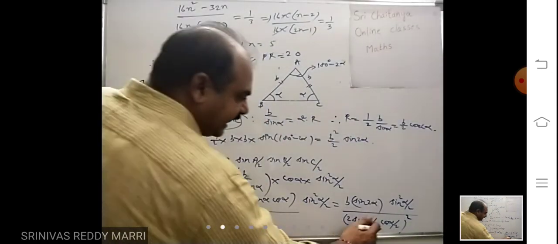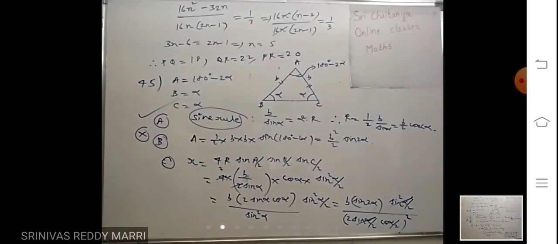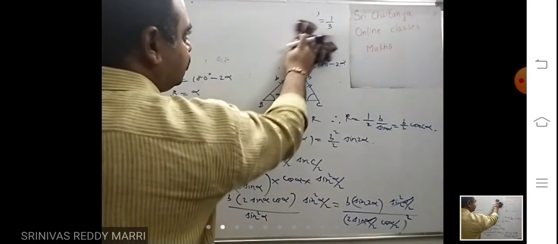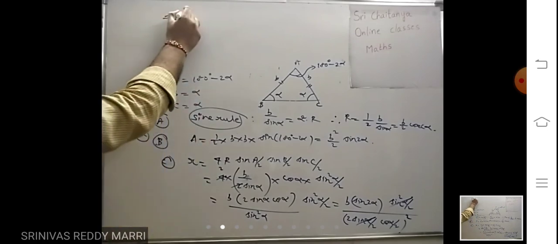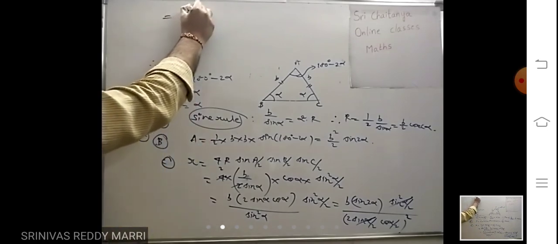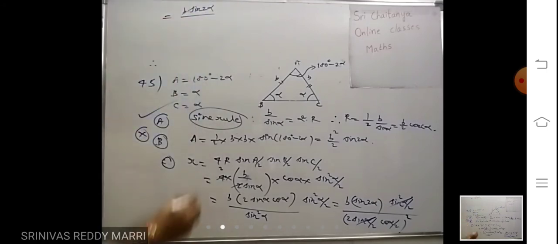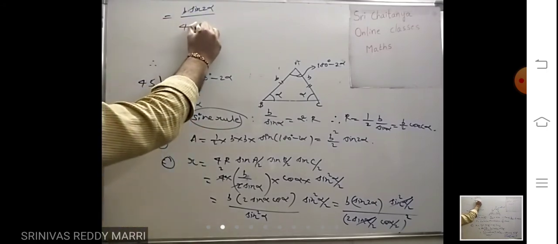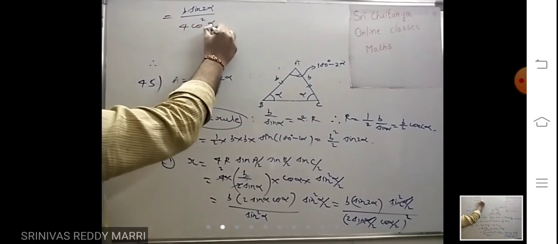That means sine square alpha by 2 will get cancelled. So you will get b sine 2 alpha divided by 4 cos square alpha by 2.